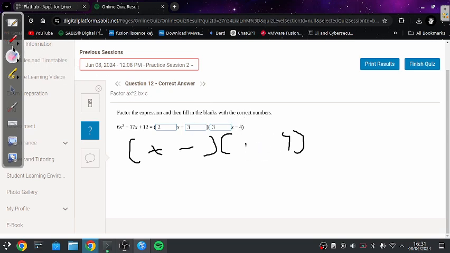So x, let me just redraw the x. This is minus 4. So you need minus 4 and you need positive 12. Negative into negative makes a positive. So we know you have a negative here, and it's given already. So this obviously has to be 3.